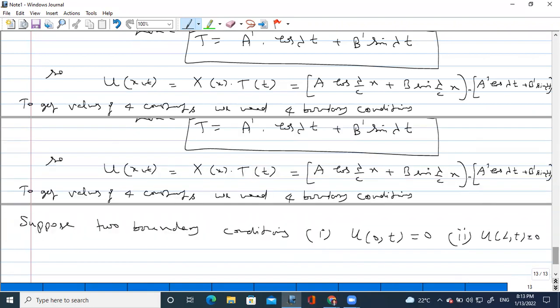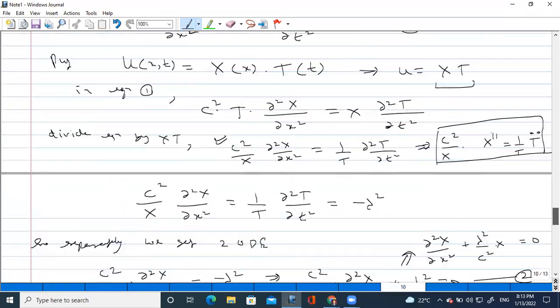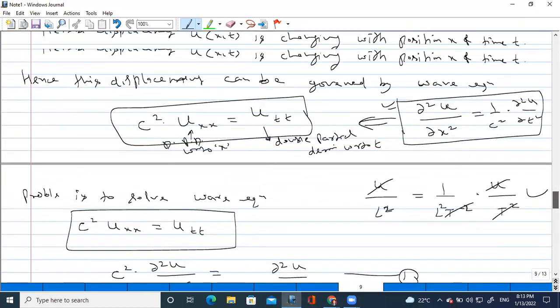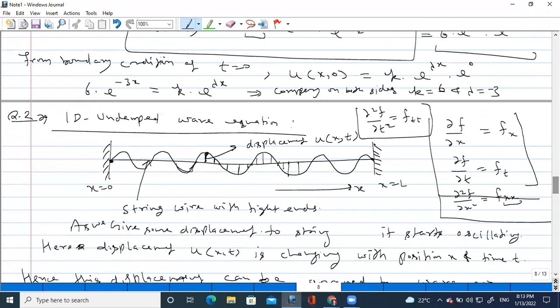Now check my original question. Actually, if these conditions are not given, then also you can take them. Now tell me, at x equal to 0, this is my point. At x equal to 0, definitely this displacement will go to 0.